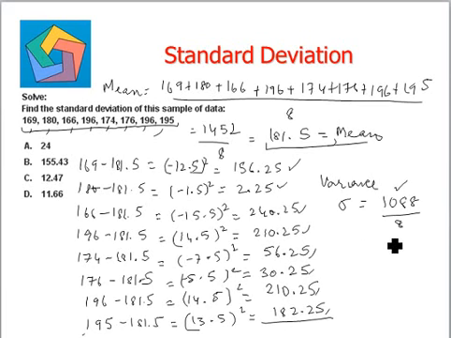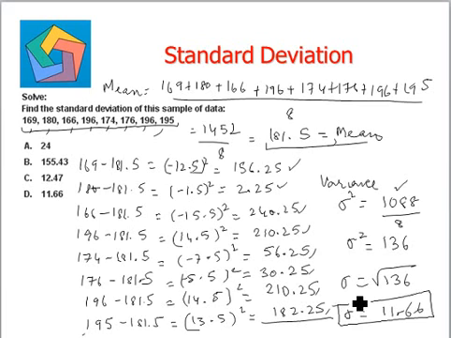So this sigma squared equals 136. Standard deviation sigma is the square root of 136 and the final answer is 11.66. This is the standard deviation sigma, our final answer. So D is the correct option, that is 11.66.